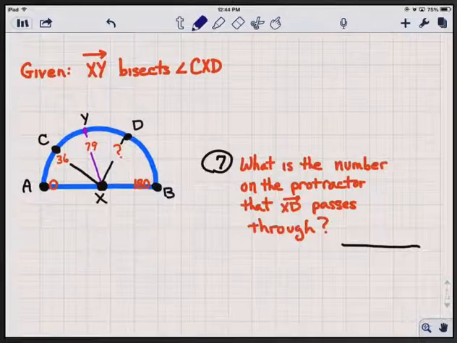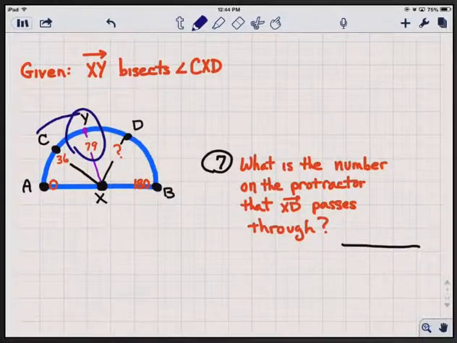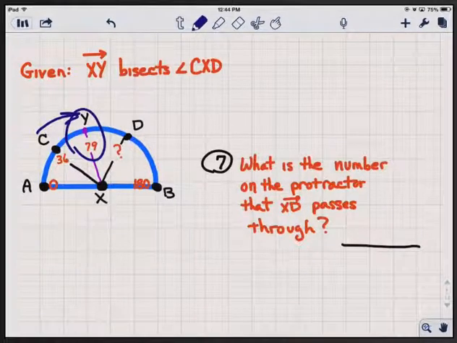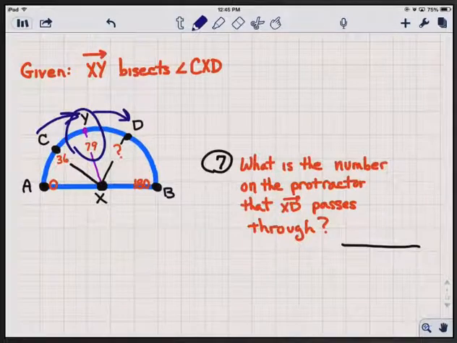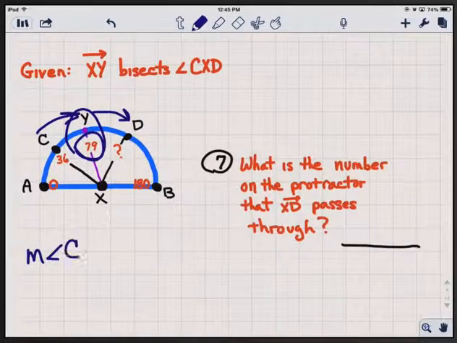Now if we have the ray XY as the bisector, and we find the measure of angle CXY, the measure of angle YXD is going to be the same thing. So we'll be starting at 79 and going up to whatever number. The first thing we have to do is find the measure of angle CXY.